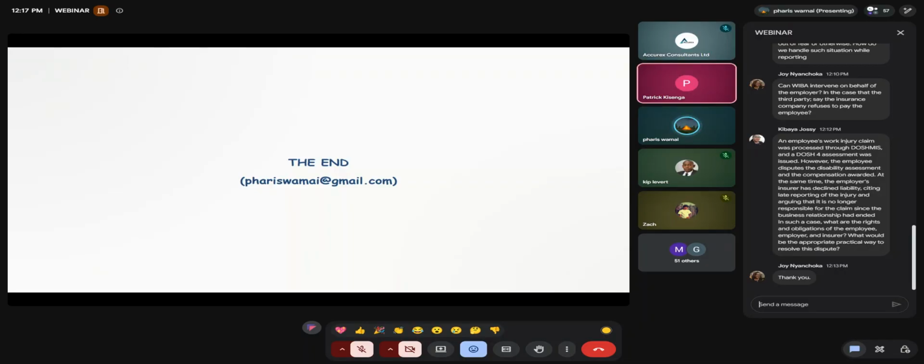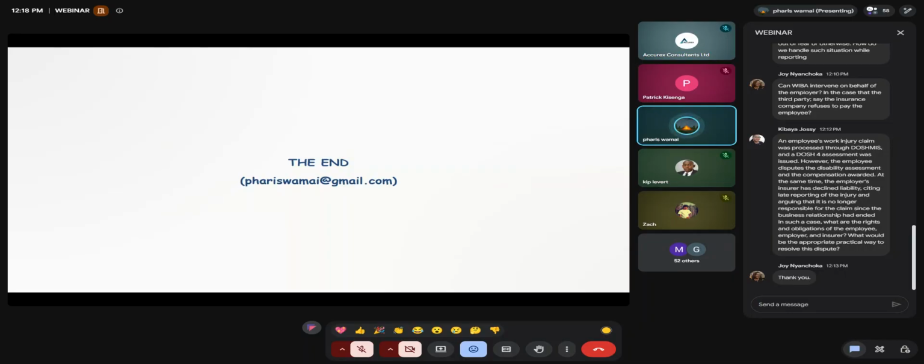Yeah. So DOSH will go to court on behalf of the employee if, number one, the employer was not compliant, which means there's no WIBA insurance cover. That is the first one. So they will be seeking compensation from the employer directly.